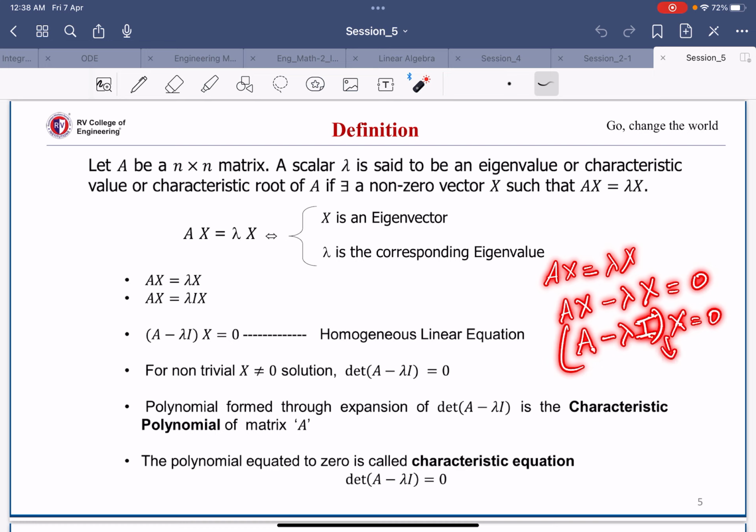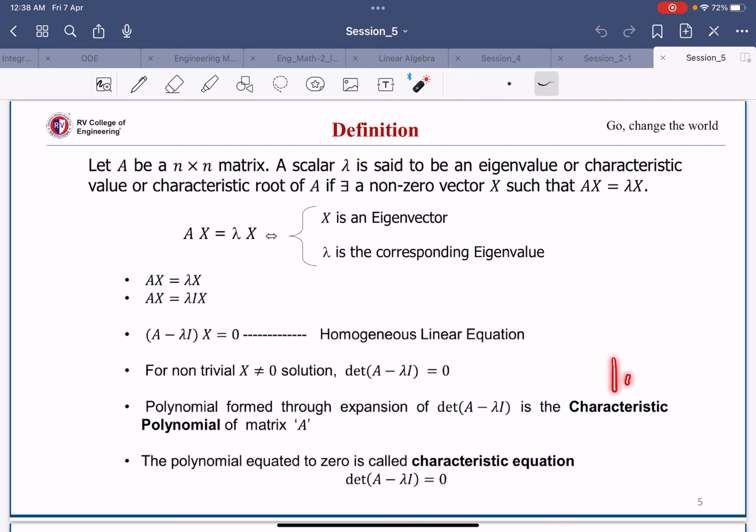This represents a homogeneous linear equation. In order to get a non-trivial or non-zero solution, the determinant of the coefficient matrix must be 0. The coefficient of x here is A minus lambda I. When we expand this determinant, we obtain a polynomial of second degree or third degree depending upon the order of the matrix given.